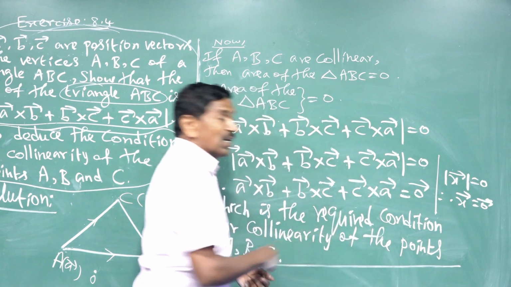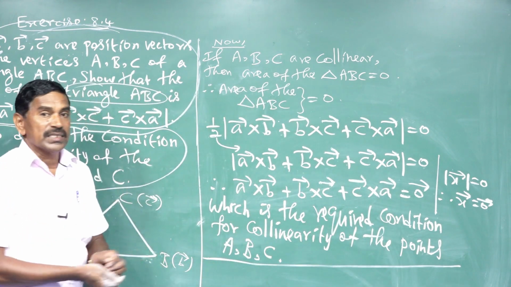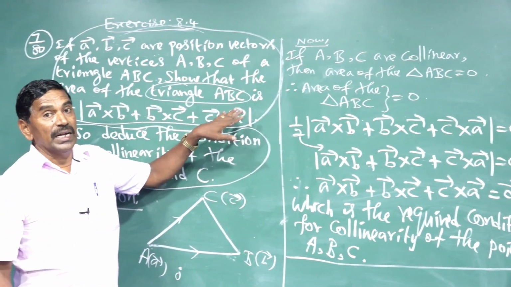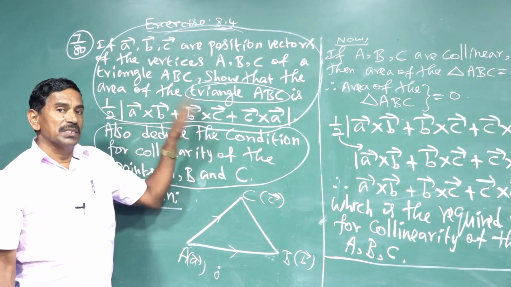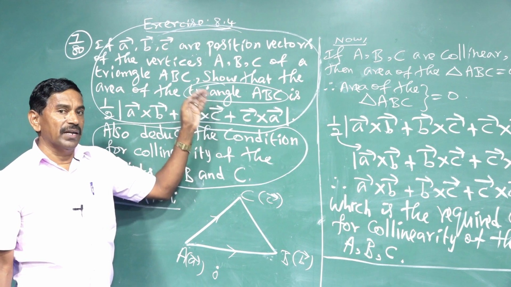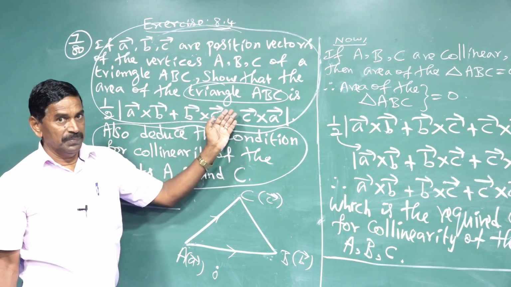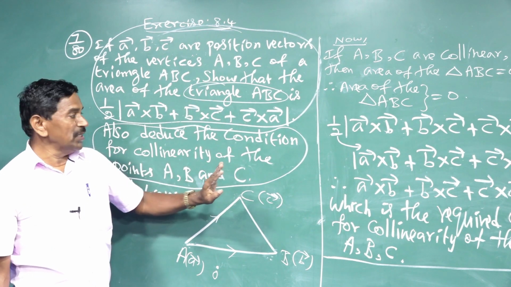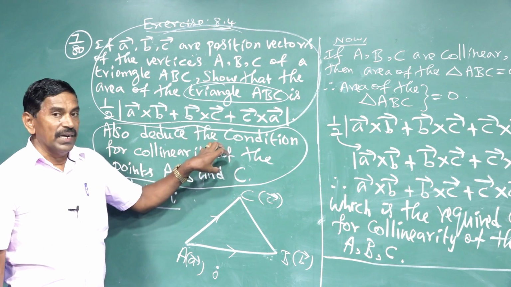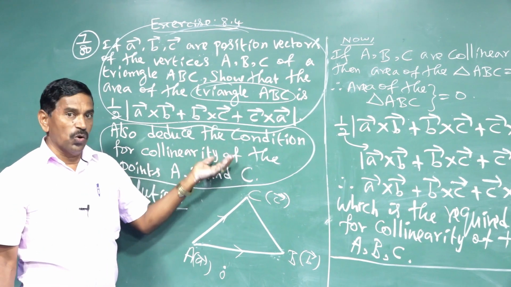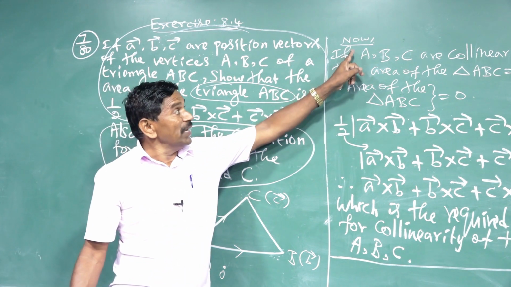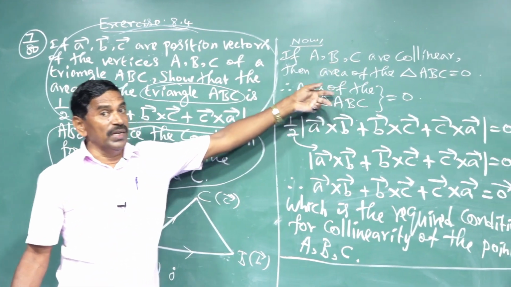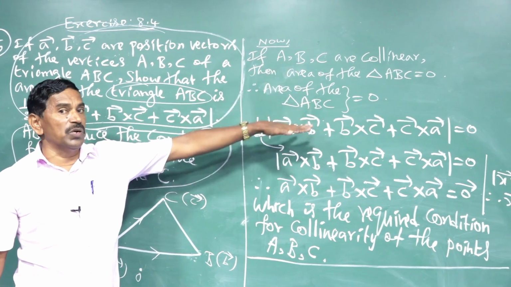Listen again, this question contains two parts. First one is, show that the area of the triangle ABC is equal to half into modulus A vector cross B vector plus B vector cross C vector plus C vector cross A vector. Okay, first part. Second part, deduce the condition that the 3 points are collinear. Okay, for that, we know that if A, B, C are collinear, then area of the triangle ABC equal to 0.